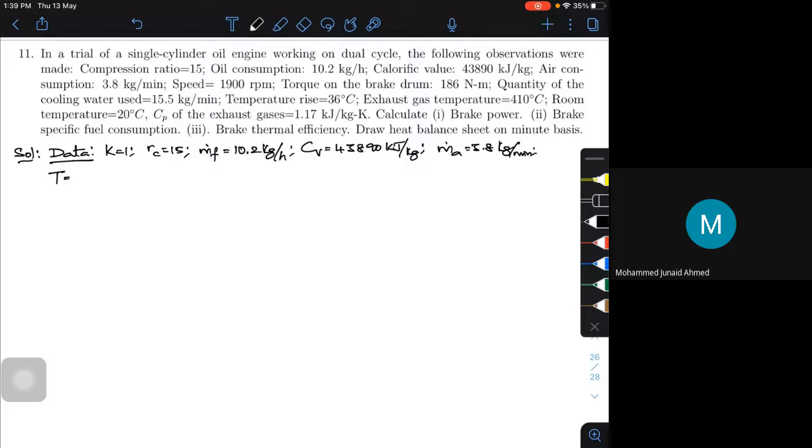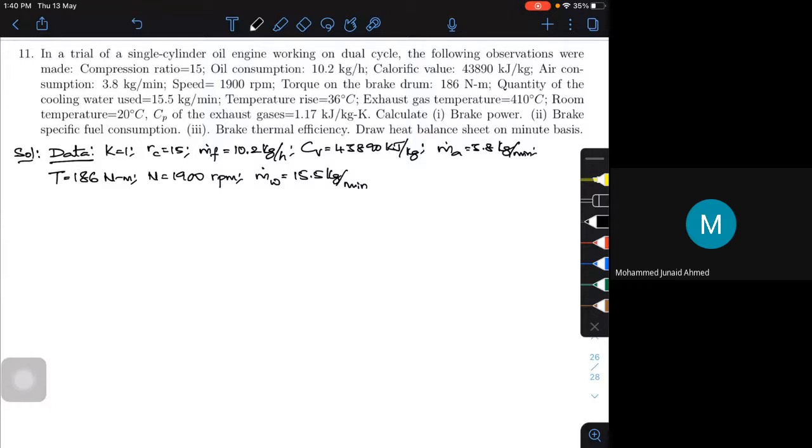They have given the speed, which is 1900 rpm, and they have given the mass flow rate of water. The quantity of water is 15.5 kg per minute. So everything they have given in terms of minutes, so you have to divide it by 60 to get it in terms of per second actually.